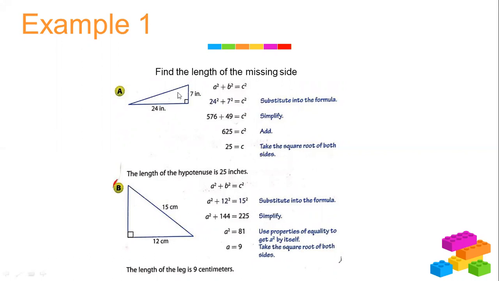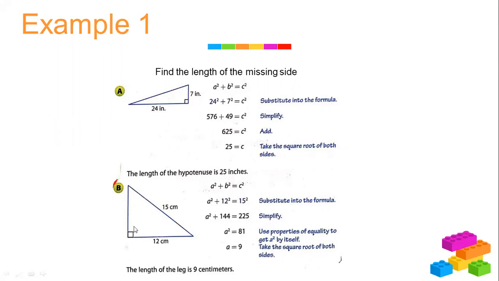So 24 power 2 plus 7 power 2 equals C power 2. We write 576 plus 49 equals C power 2, so C power 2 equals 625. So C equals the square root of 625, which is 25.